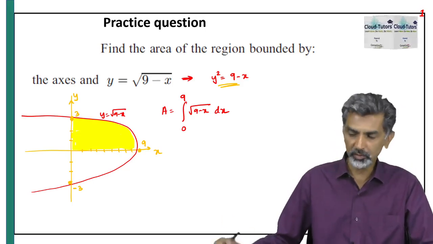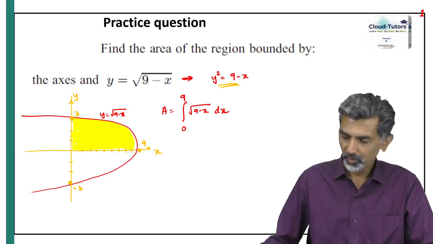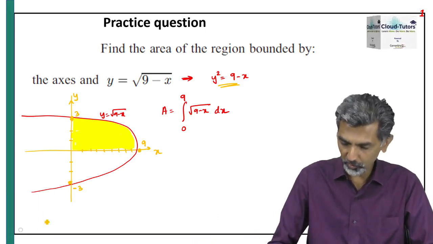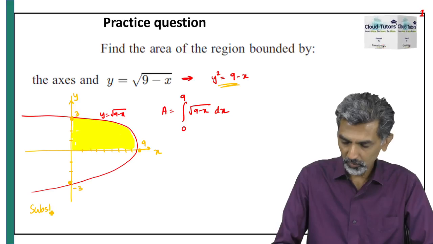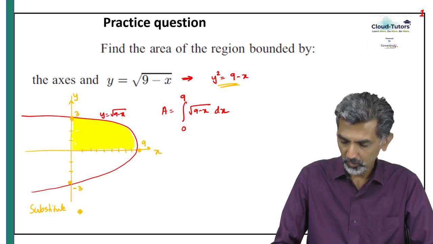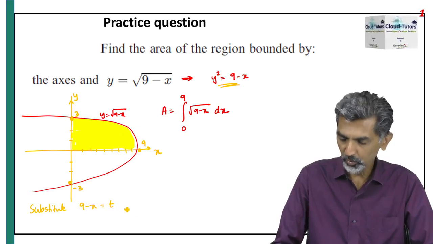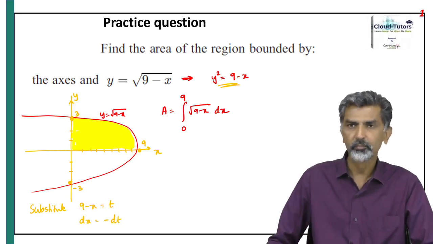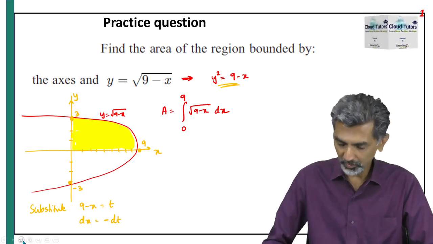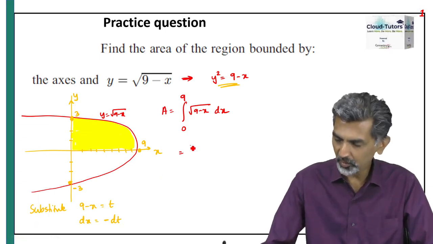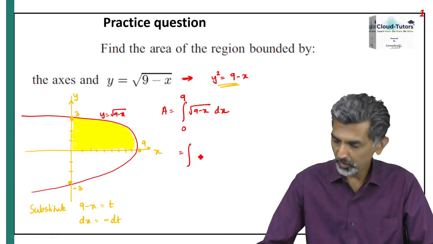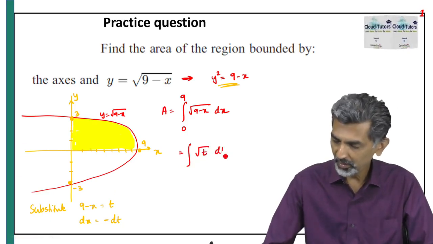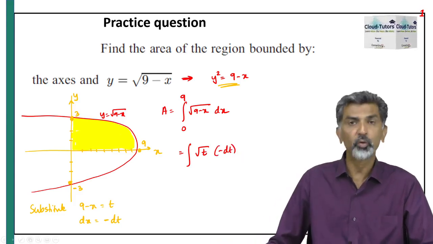Now, how do we integrate this? Well, you can substitute 9 minus x is equal to t. Let's do that. Substitute 9 minus x is equal to t, and therefore dx is equal to negative dt. Having done that, we have to rewrite this integral in terms of t. So it becomes square root of t dt, but this is negative dt. dx is equal to negative dt.